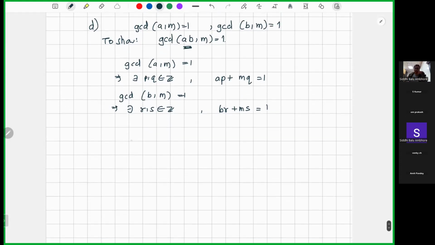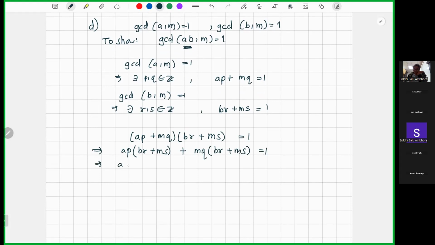If I multiply these two sides, AP plus MQ times BR plus MS is equal to 1, then what do I get? Let me write it properly: ABPR plus AMPS plus MQBR plus M square QS is 1.